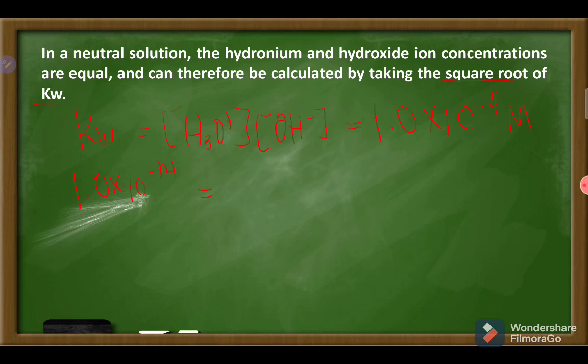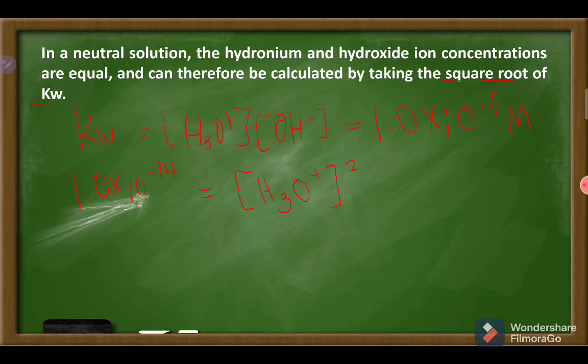We can represent the hydroxide ion with the hydronium ion. So we can have H3O positive squared. Because they have equal concentration, we can manipulate the formula.